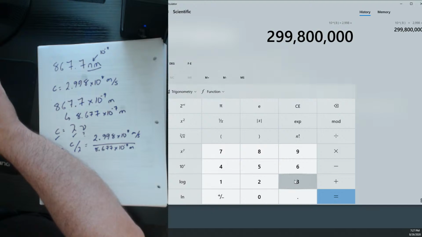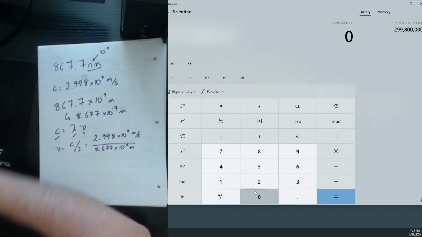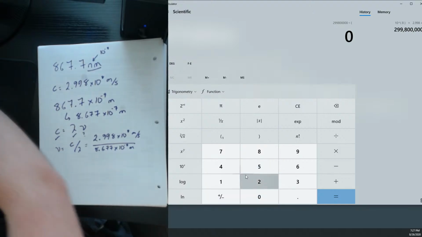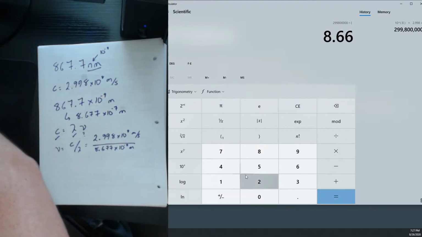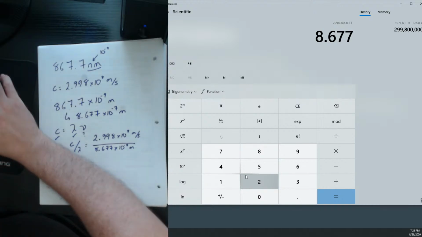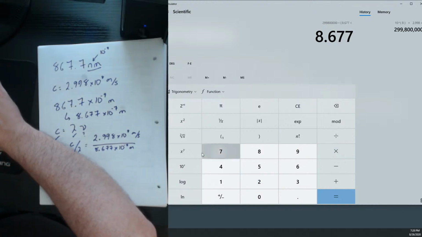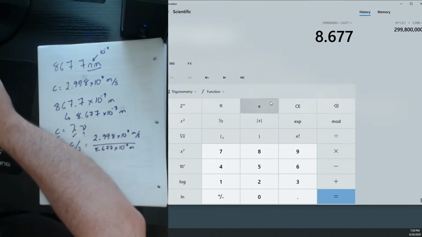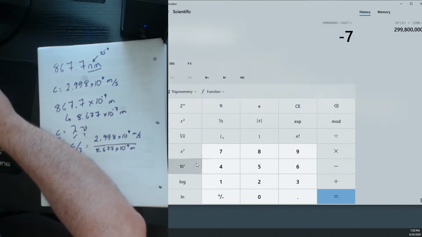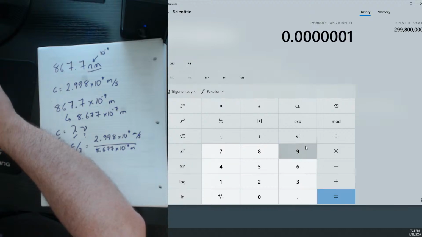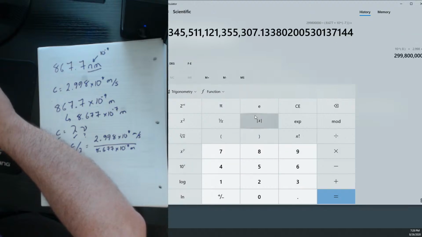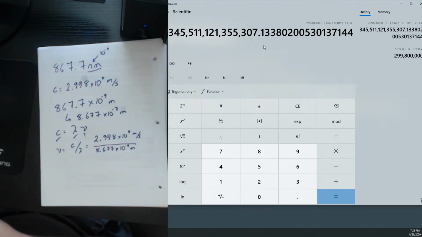There is the speed of light, 299,800,000 meters per second, divided by, let's put it in parentheses, 8.677 times 10 to the negative 7th, close parentheses, equals a very, very large number.